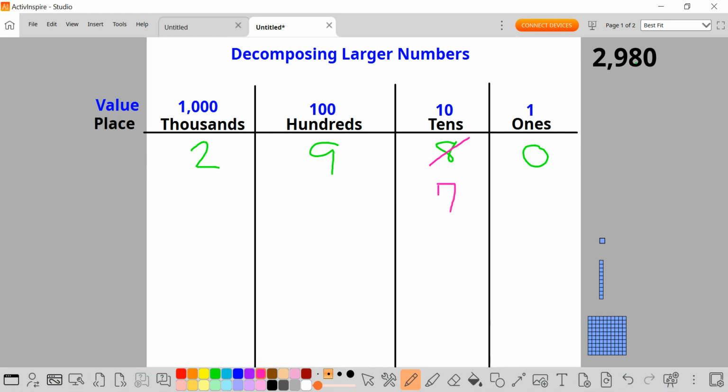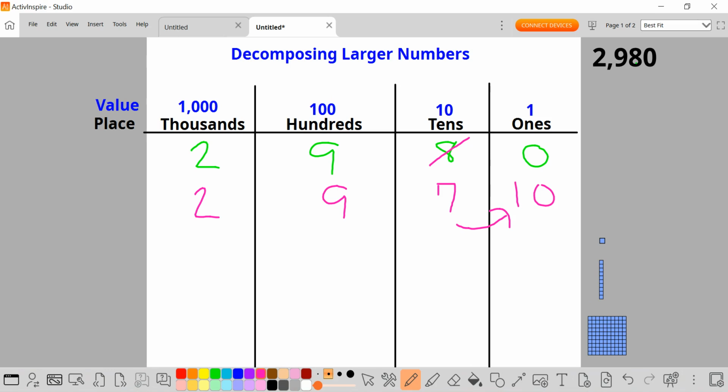Now I have to move the 1 ten over into the ones place. So now we'll have 10 ones. I can keep 900s the same, and I can keep the 2,000s the same. I just took a 10 away from the tens place to place it into the ones place.